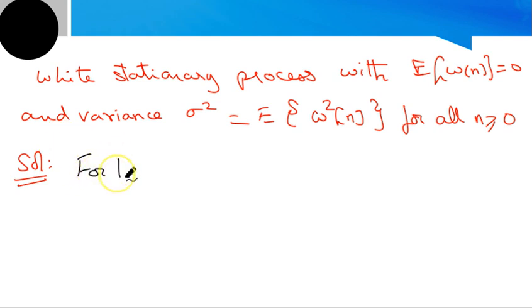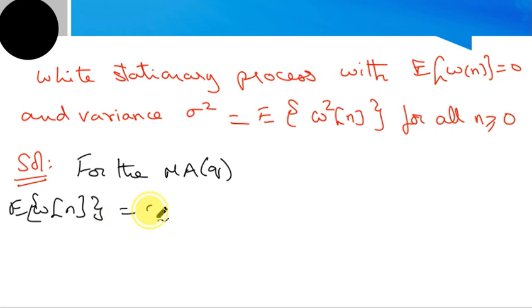So now for the given moving average process, let us generally consider MA of q. Then from the data I have E of w of n equal to 0, so mean equal to 0 for all n greater than or equal to 0.